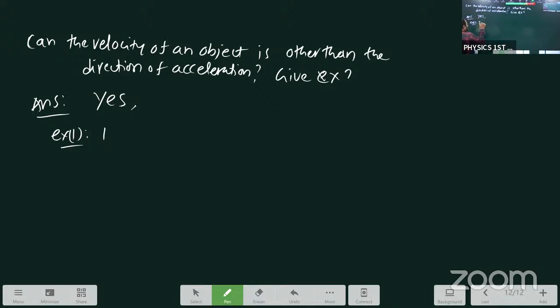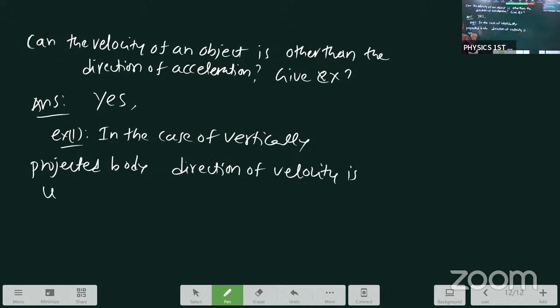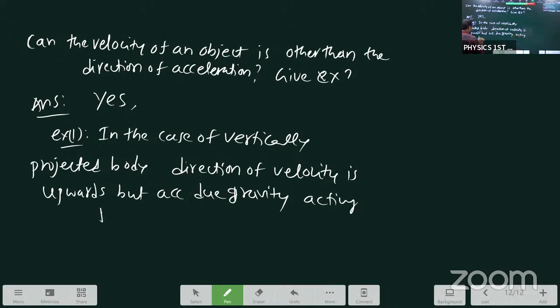In the case of a vertically projected body, the direction of velocity is upwards, but acceleration due to gravity acts downwards.